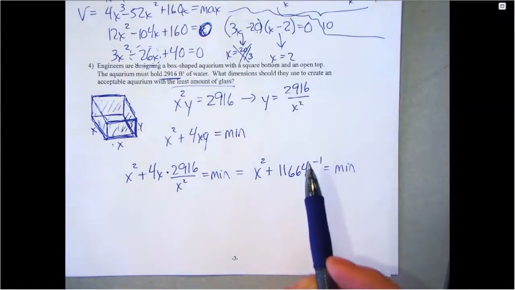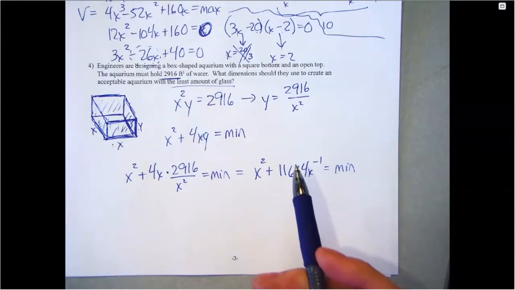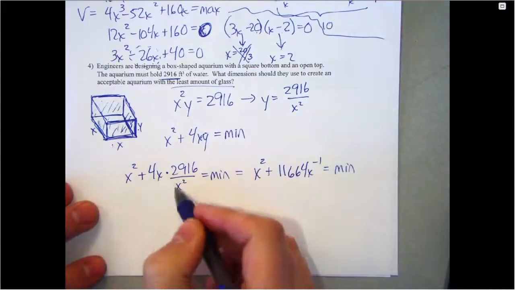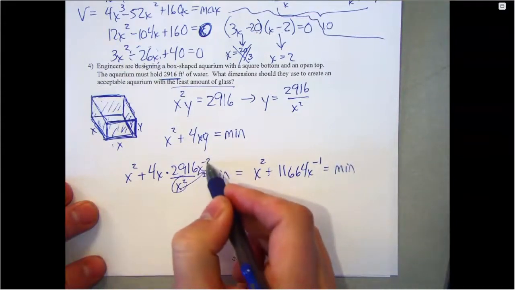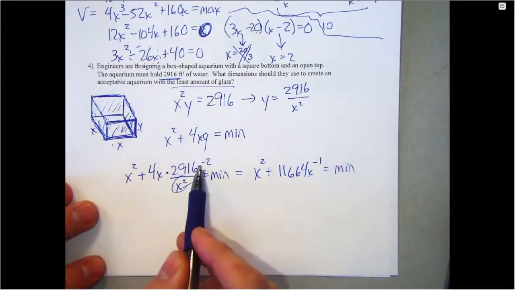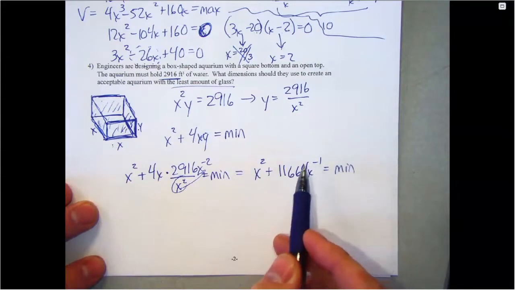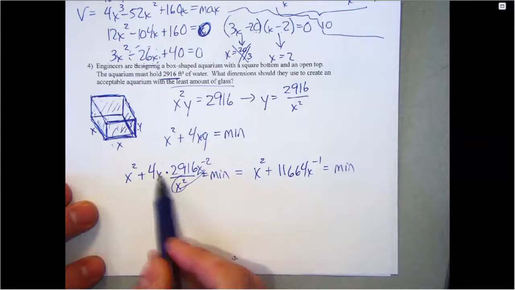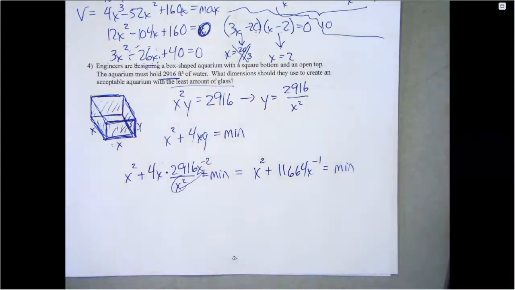See why I'm getting x to the negative first? You can think of it that way, or I bring that up, it's x to the negative second, and then x times x to the negative second is x to the negative first. Or you subtract them, 1 minus 2 is negative 1. Or you cancel, you've got 1 left on the bottom, but then you bring it up, and now it's negative 1. Then I just multiply 4 times the 2916.